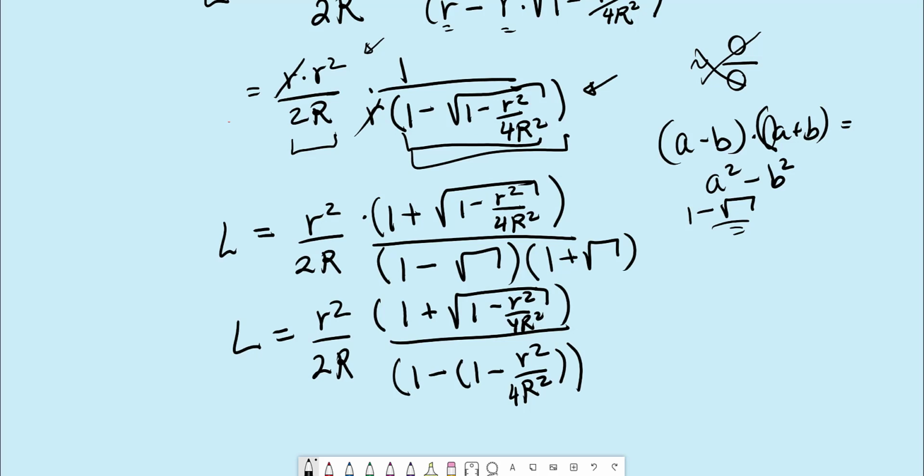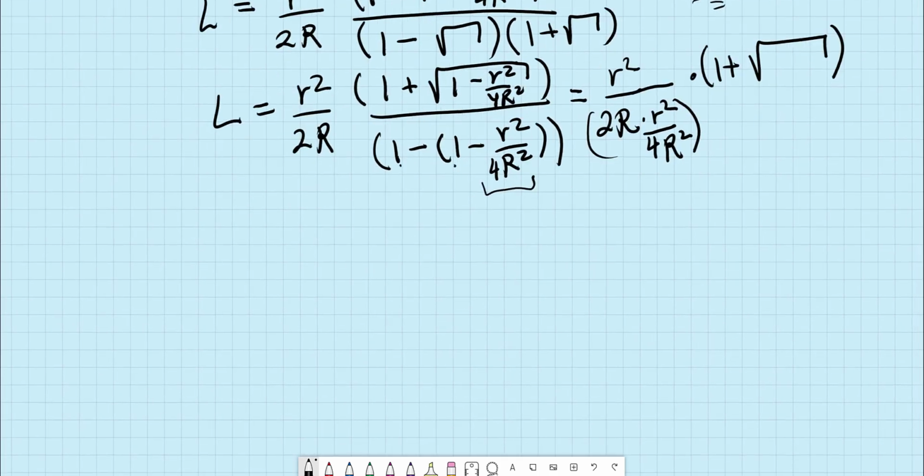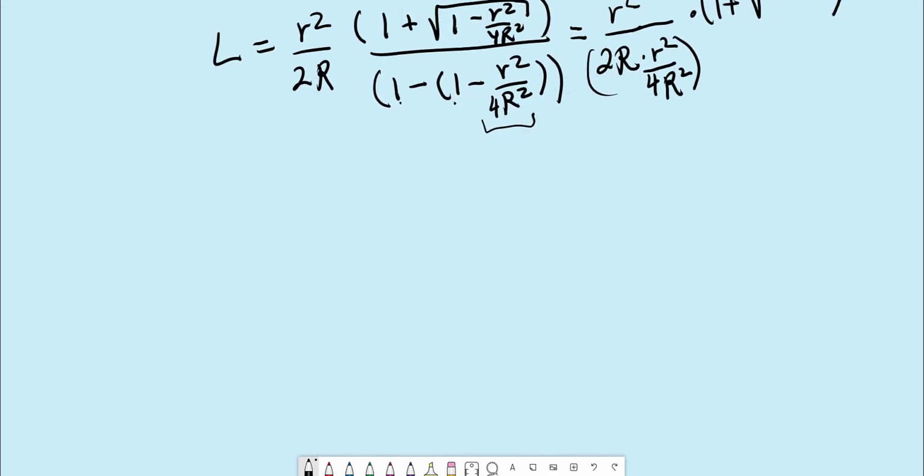Now when we take 1 minus 1 here, these cancel and we're left with a positive term here. We're left with r squared divided by 2R, and here we have r squared divided by 4 capital R squared, all this in our denominator, times 1 plus that square root. Okay, and we've seen it enough times so that I don't have to copy it every time.